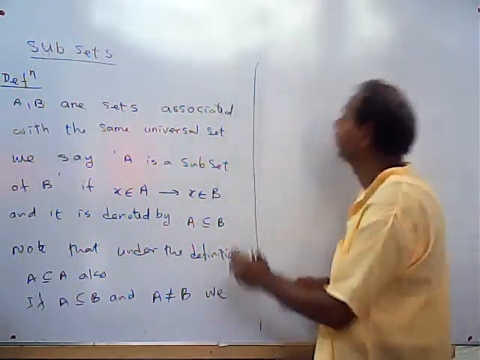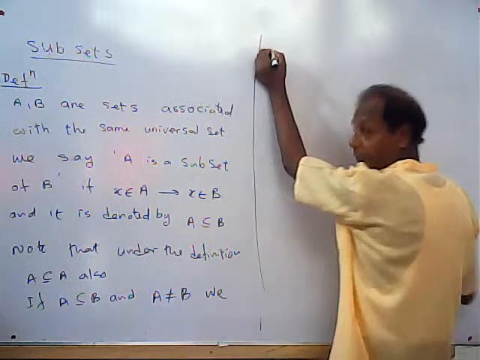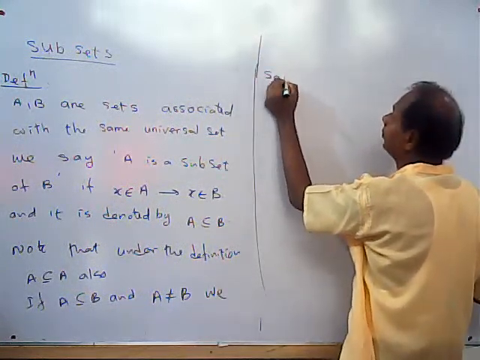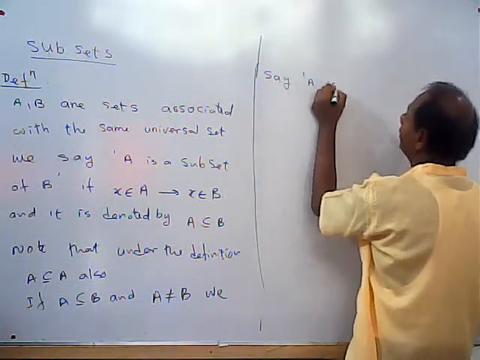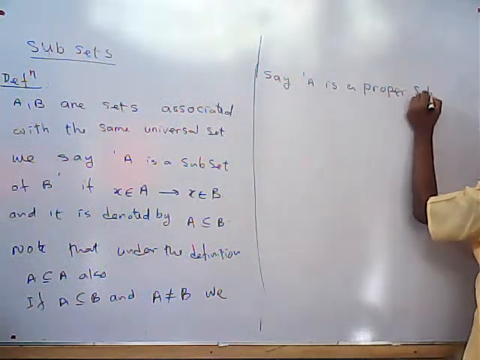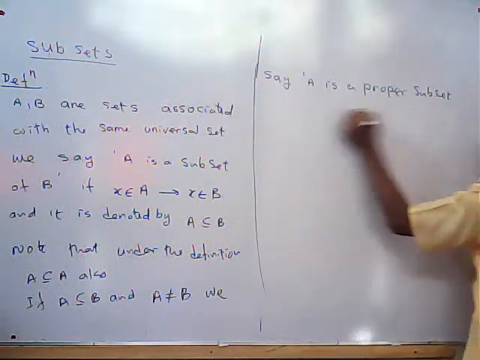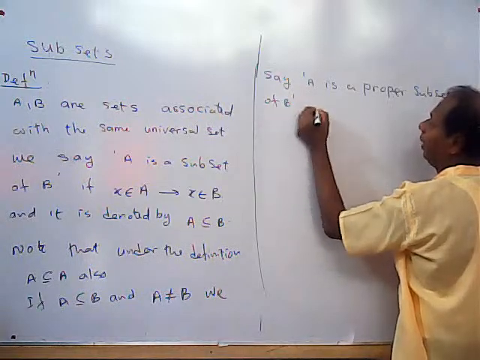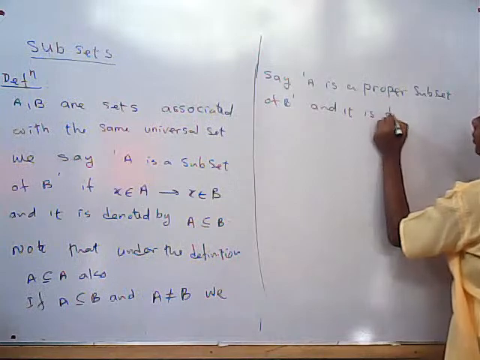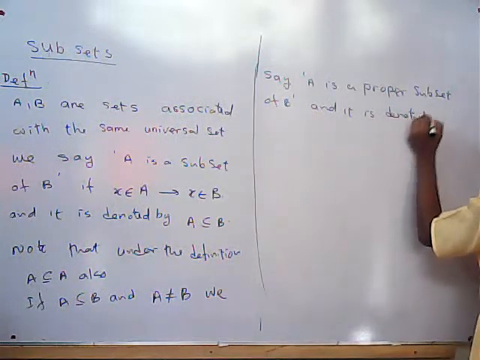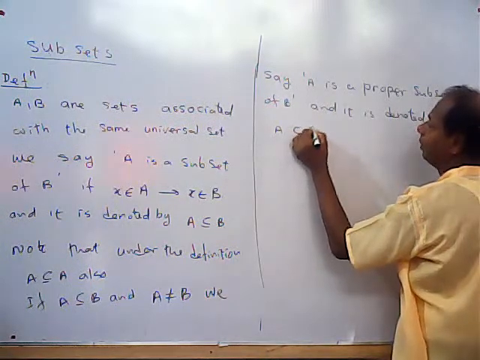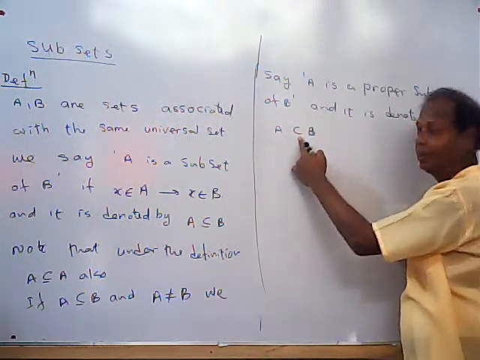We say A is a proper subset of B, and it is denoted by A is a subset of B. No equality, right?